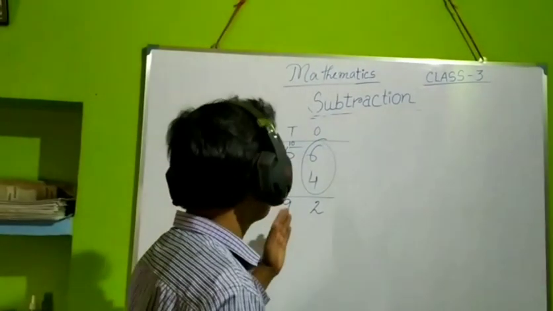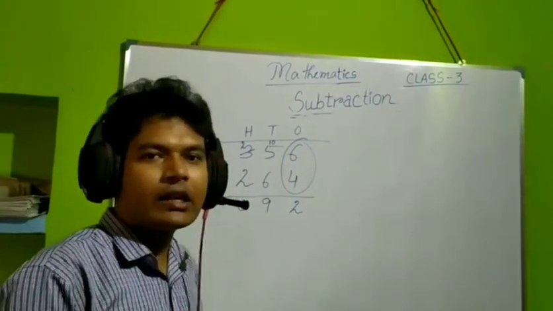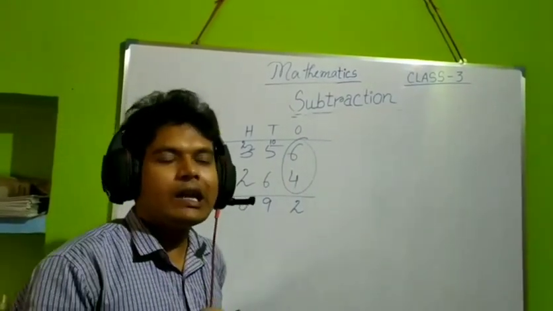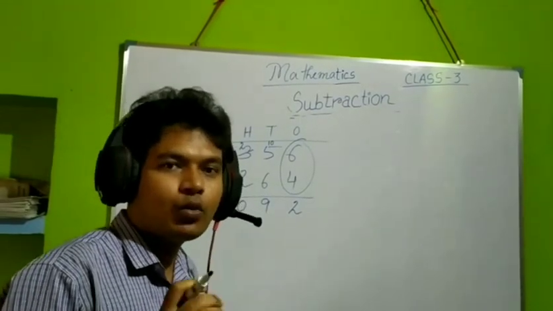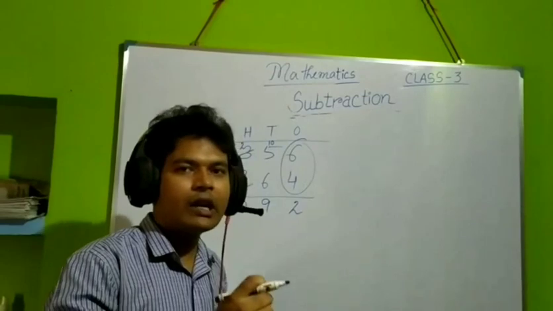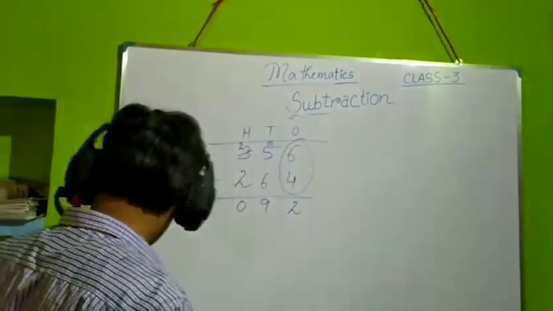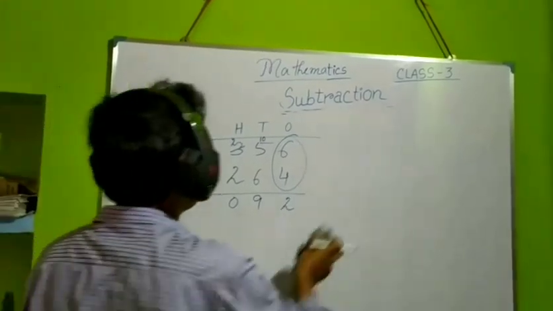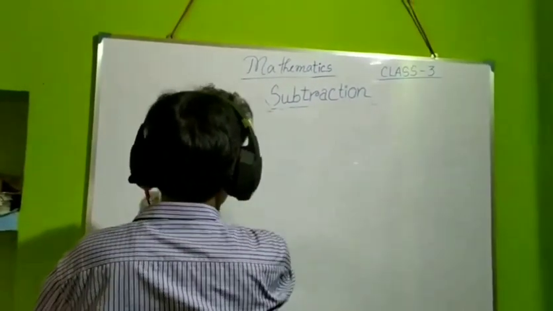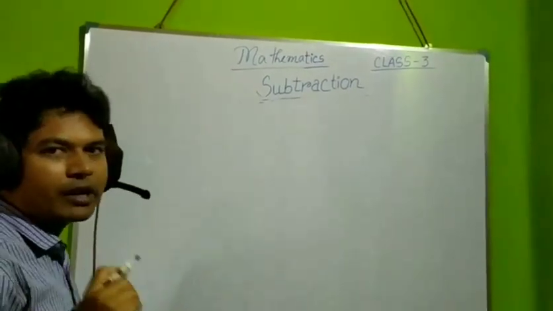How do we subtract a digit from another digit when the minuend has a number which is smaller than the digit written at the subtrahend? Okay, so let's go step by step. Let's take a 2-digit number at first.